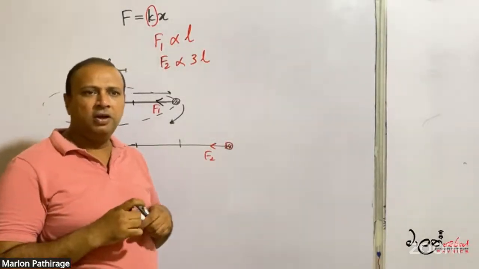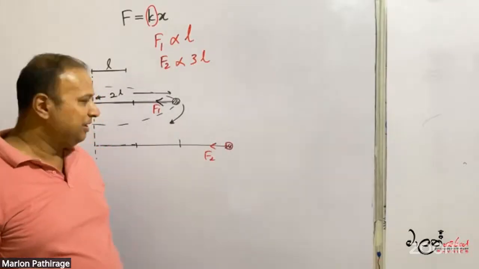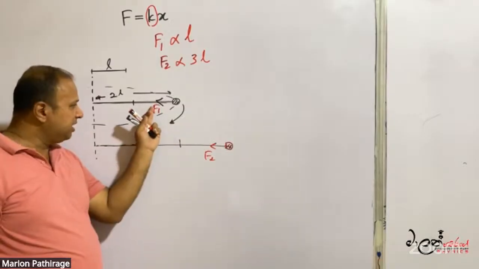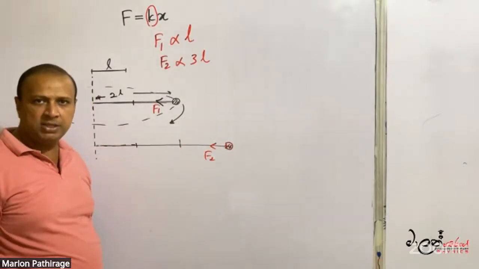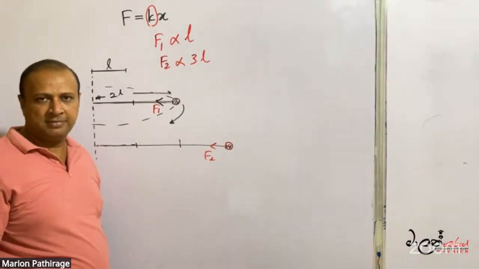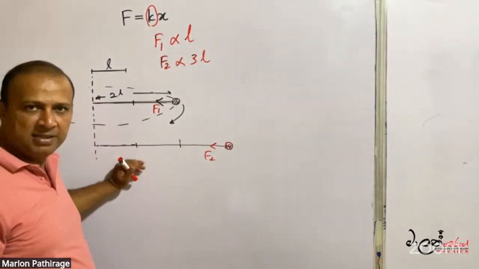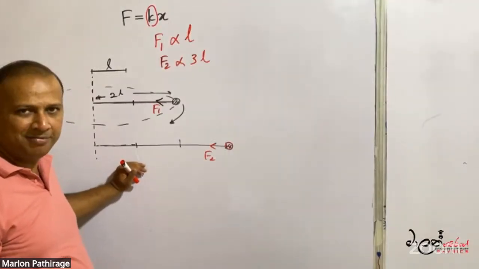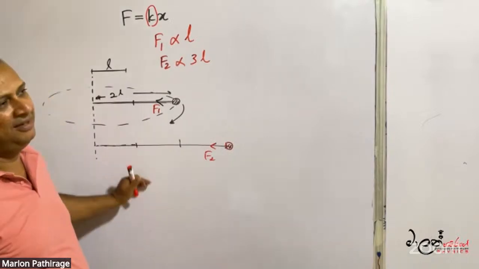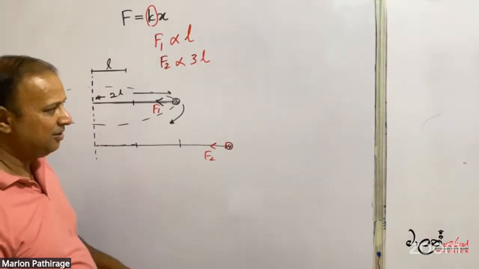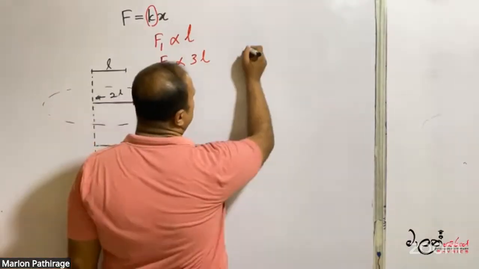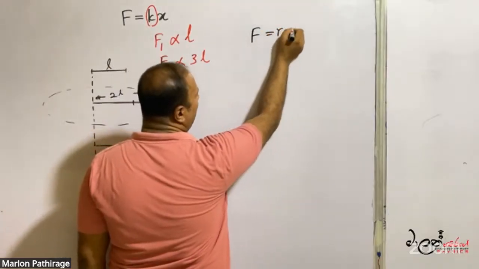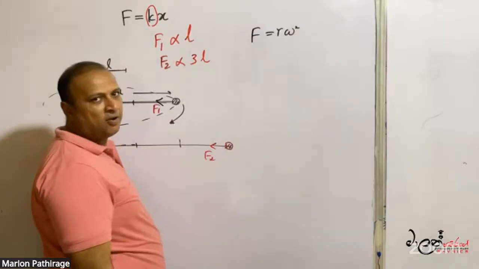Now you have to combine this. So this is the centripetal force. This tension force is the centripetal force of this circular motion. So centripetal force is equal to m r omega squared.